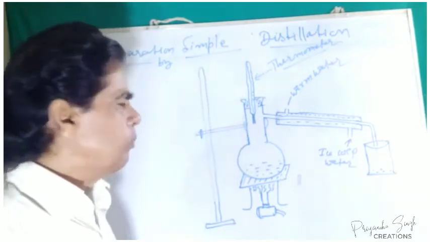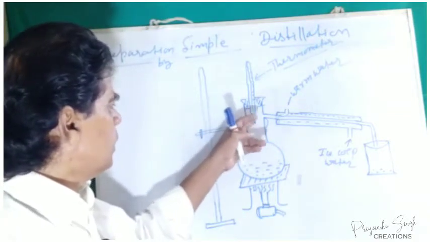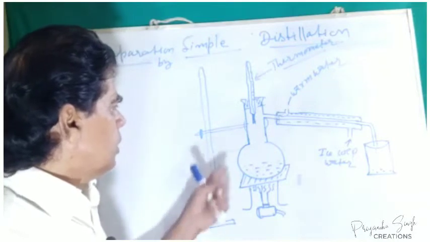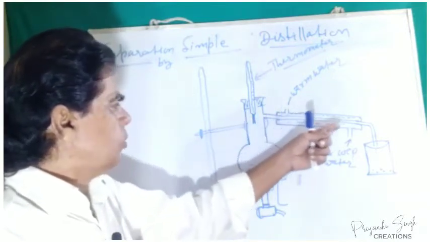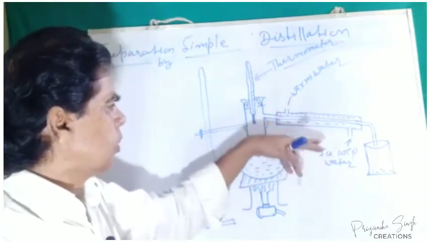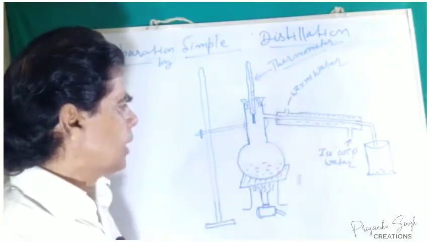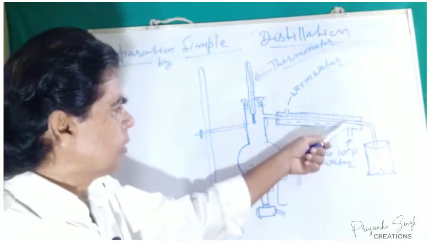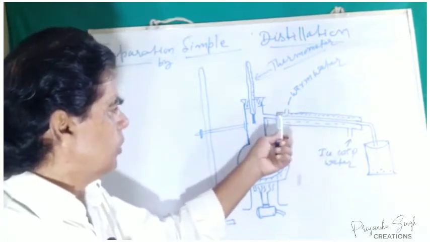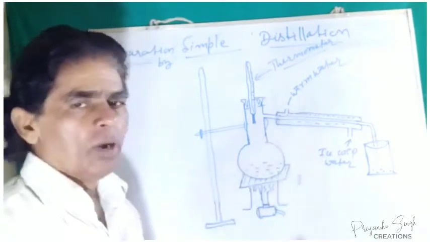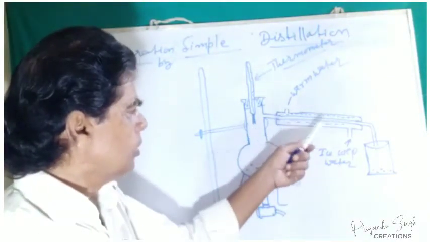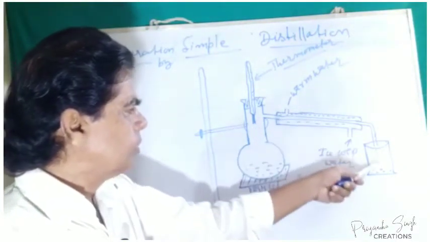As the vapors rise, they pass through the interior tube of the condenser, which is surrounded by the water jacket. In this water jacket, ice cold water is introduced, which cools down the hot vapor passing through the tube and it gets condensed into liquid.